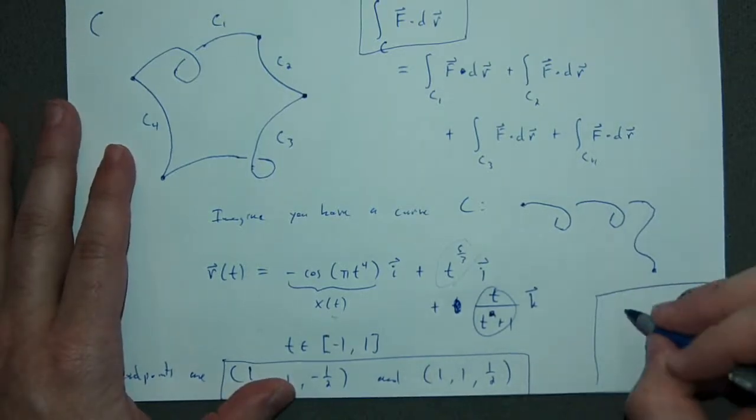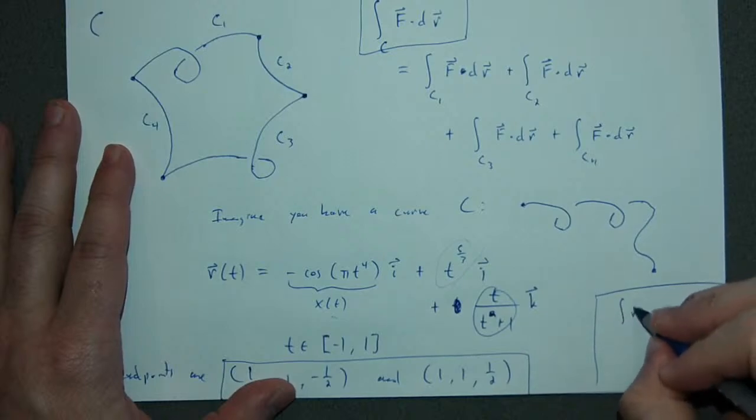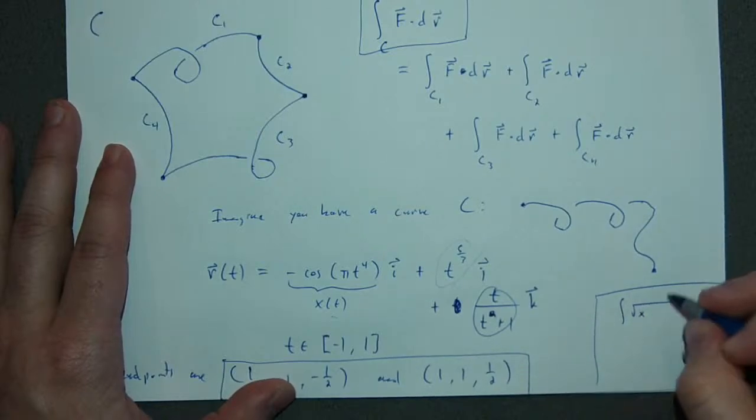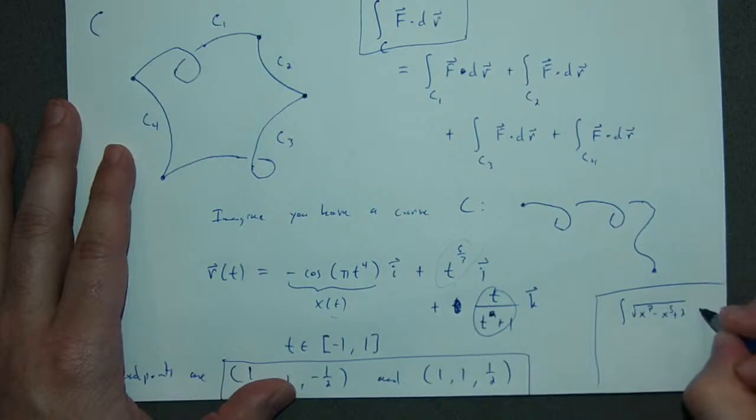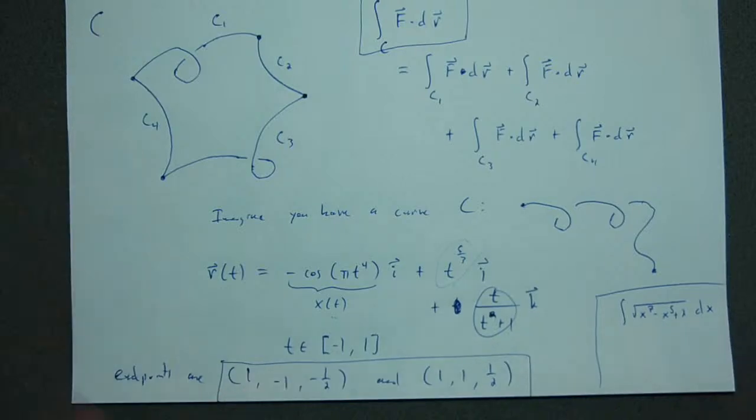So here's a little aside. If you have an integral of something like x to the 7 minus x to the 5th plus 2, dx, can you integrate that thing? No. And you would potentially, with this kind of computation, end up with things much, much worse than something like this.